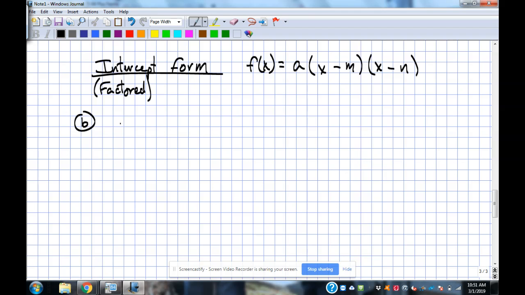So example B, negative parentheses, x plus 5, close parentheses, another set of parentheses, x minus 3, okay? Here we have an intercept form of a quadratic. We know it's quadratic because if you multiply it out, you get x squared is the biggest piece, okay?